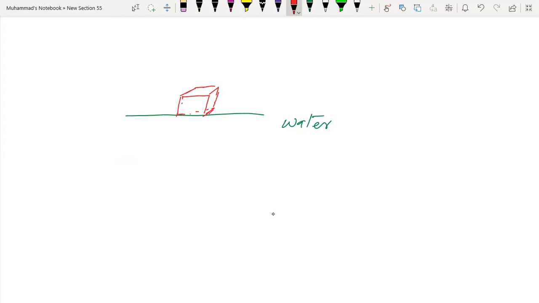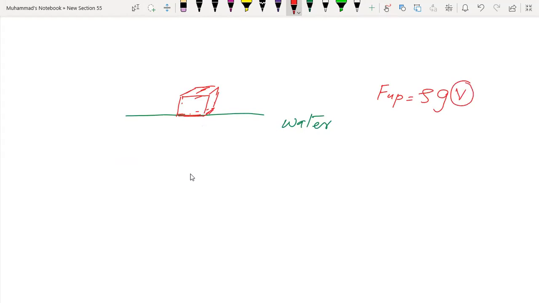You are going to move this object into the liquid and then see how the upthrust changes with depth. You know that upthrust is rho g V.